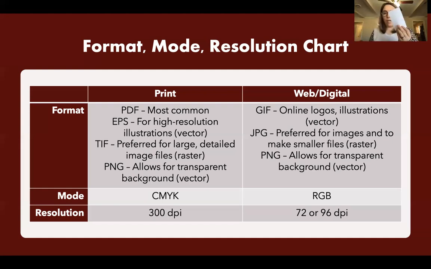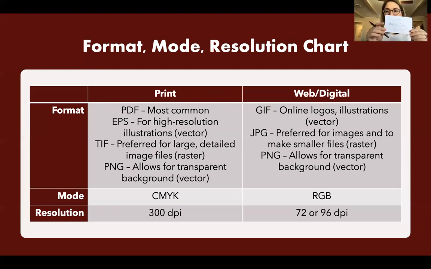So let's say on my index card here that I have drawn an image. I'll just make it simple. I'll make a circle, and it says Kelsey's company in the circle, okay?